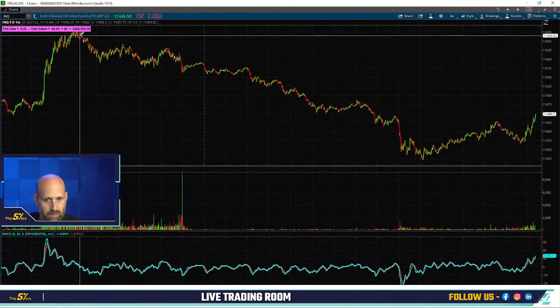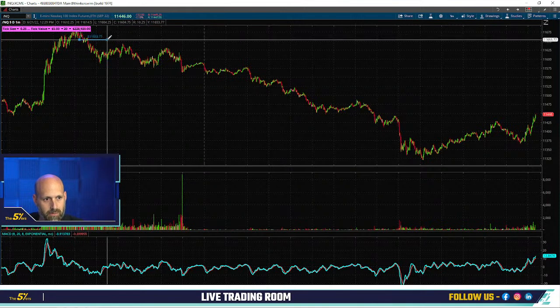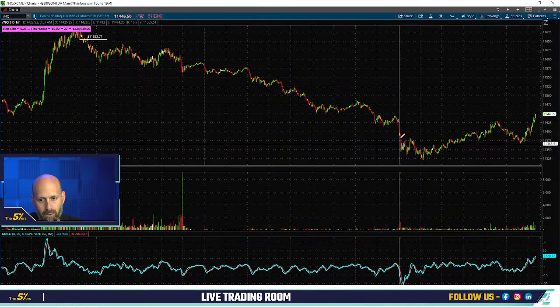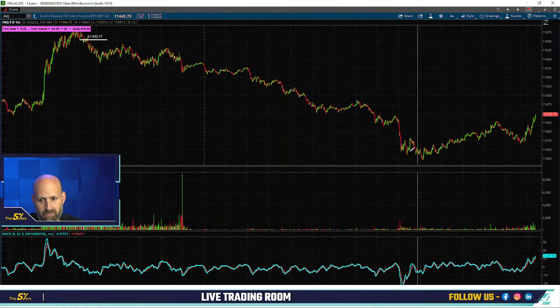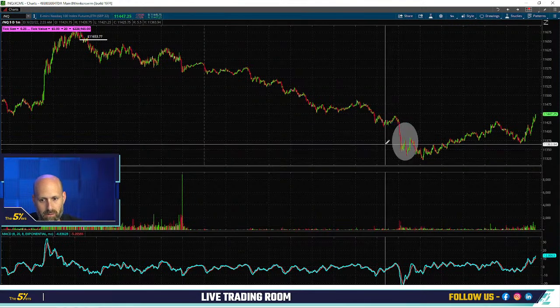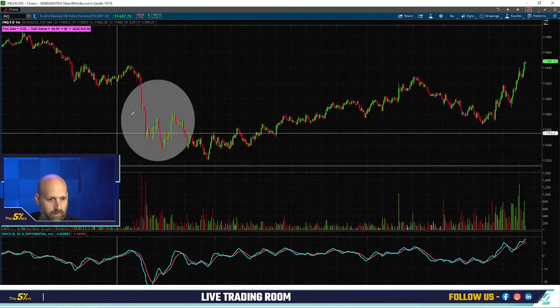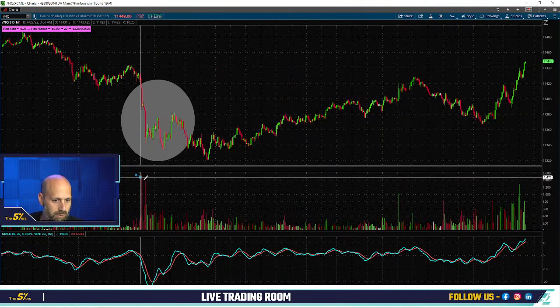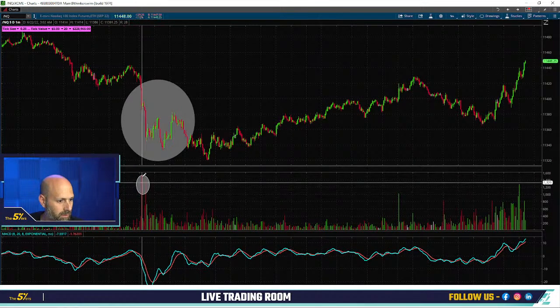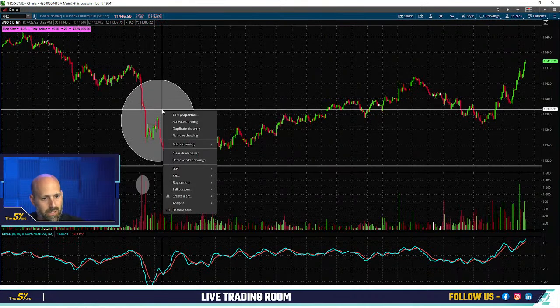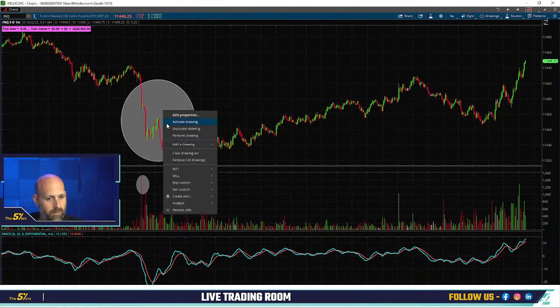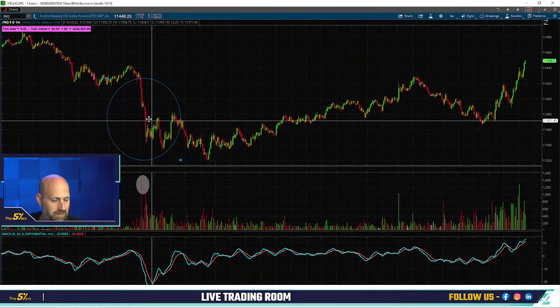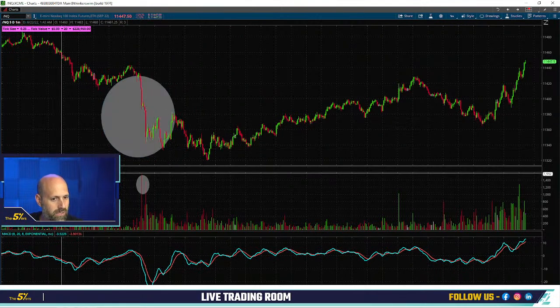We started the movement from here, and then only here, before it reversed, the volume came strong, right? Those bars. Can you guys think of a reason why at the end of the trend you will see a high volume coming in?